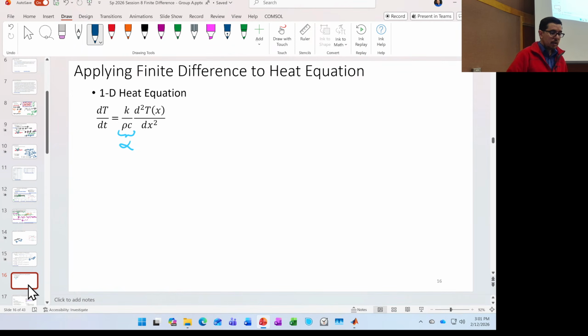So this portion right here is that second derivative, all right? This is the alpha in front of it, okay? And this is a first derivative of time, okay? But we can play a little bit of a trick here.